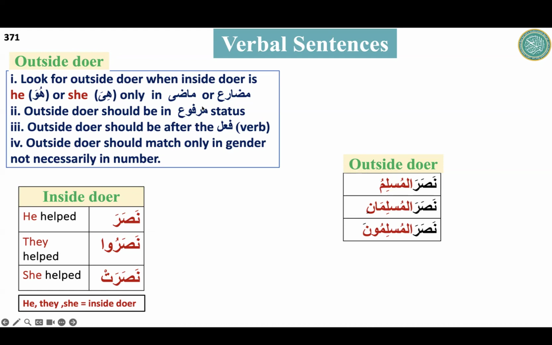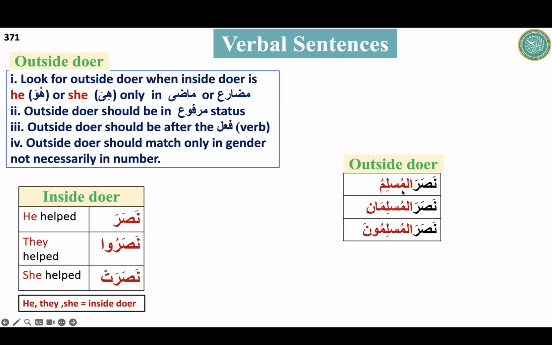And the outside doer always needs to be in the marfu status, in the rafa status. Here we can see Nasarul Muslimu, so this is in the rafa status. Therefore, this is the outside doer here. And then while doing the translation, Muslim helped. We will replace this outside doer with the inside doer.